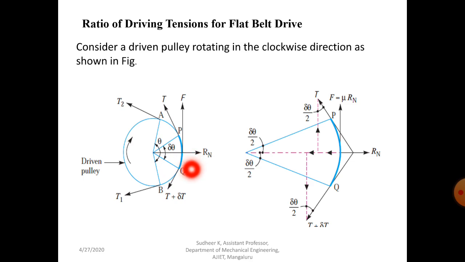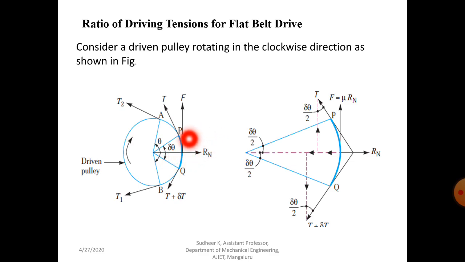Later I will integrate over the entire tension. So I'll consider the small portion, that is PQ, whatever the angle subtended, that is a very small angle, d theta. So d theta is the small angle.